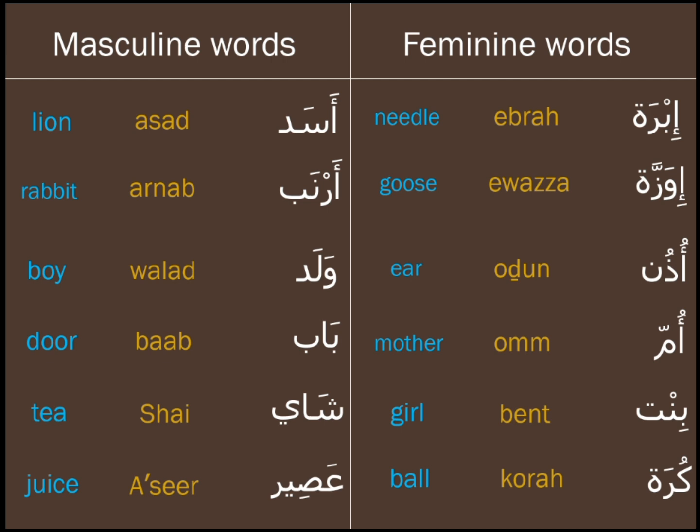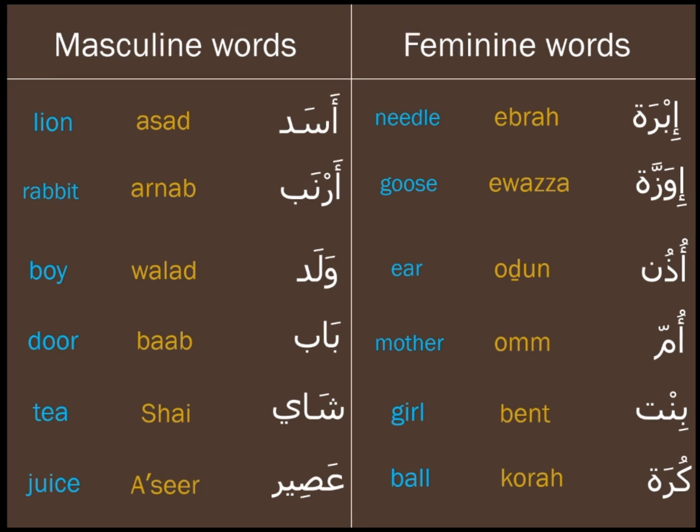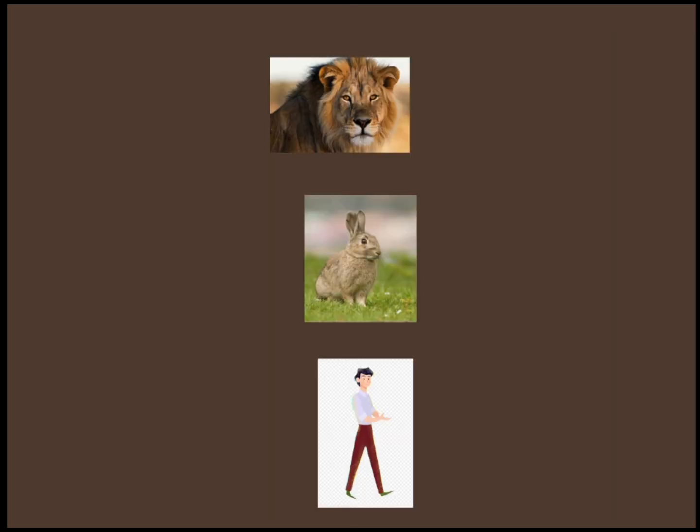I would like to mention that these words are not new. We have studied them together in previous lessons. Watch them if you didn't. Now, we will apply together how to use هذا and هذه. So, what is this?